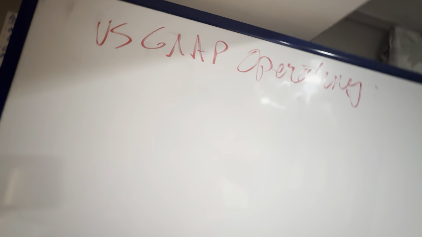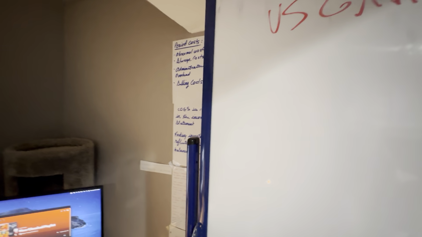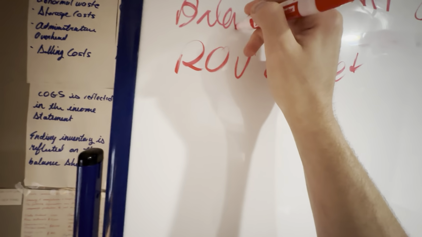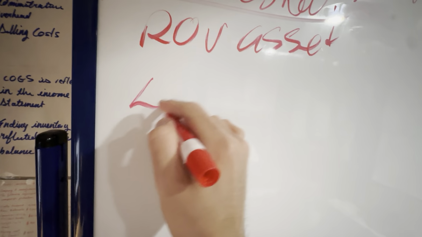Okay, so very similar situation here. So your balance sheet's going to look pretty similar, if we're being honest. It's just going to look a little bit different. So you're still going to have an ROU asset on the balance sheet, and you're still going to have a lease liability.